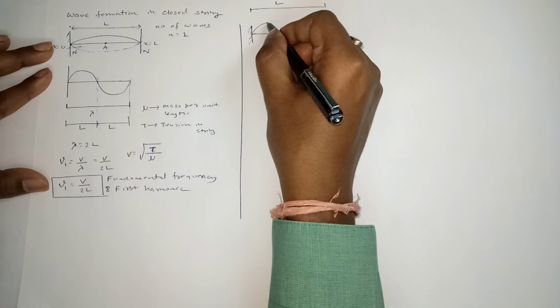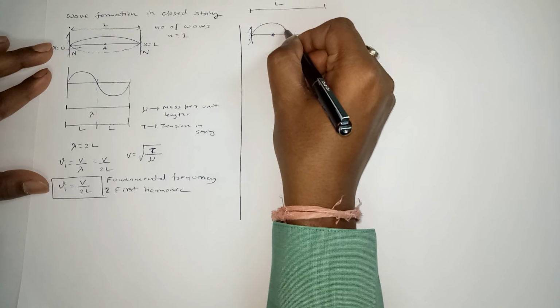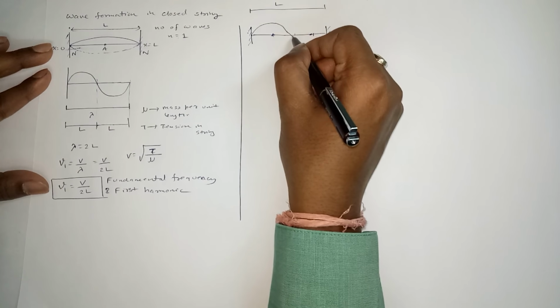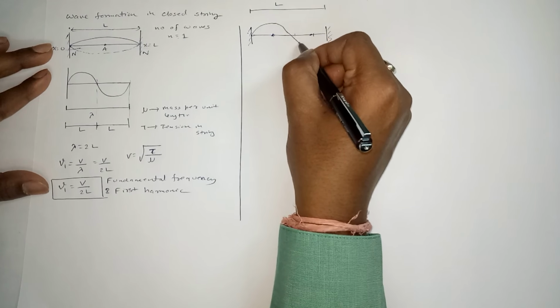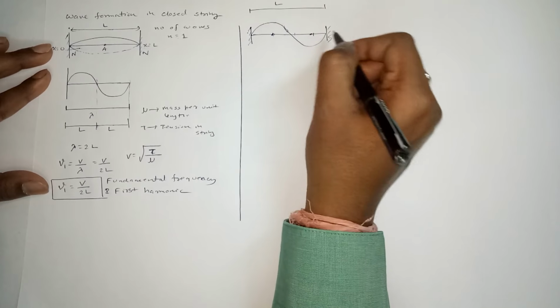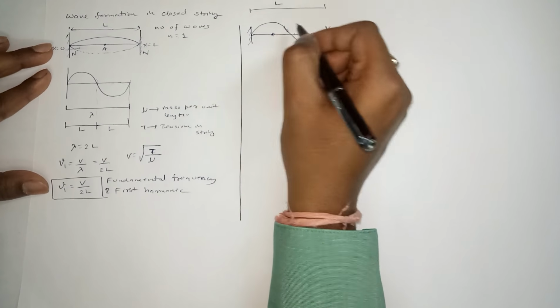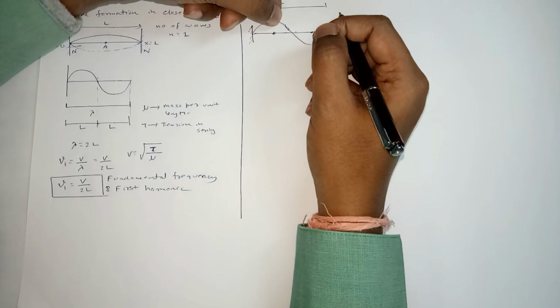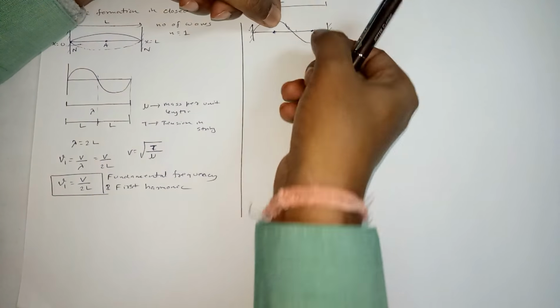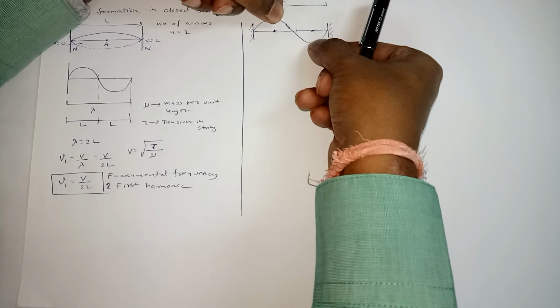If we pluck it here, it will be somewhat like this. The graph is not exactly up to scale, but you get the idea. So we will pluck like this, and at this point we will pluck like this and then leave.